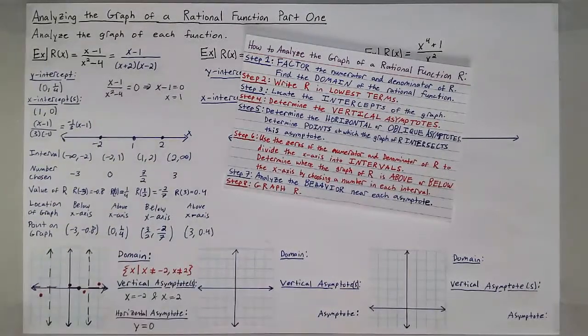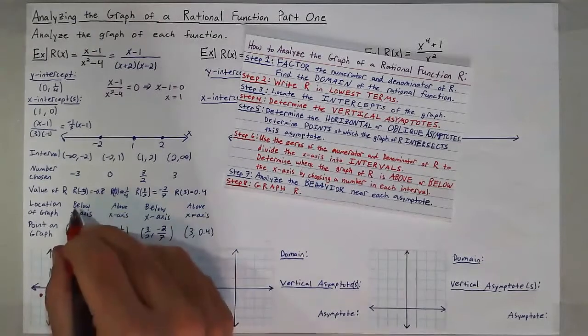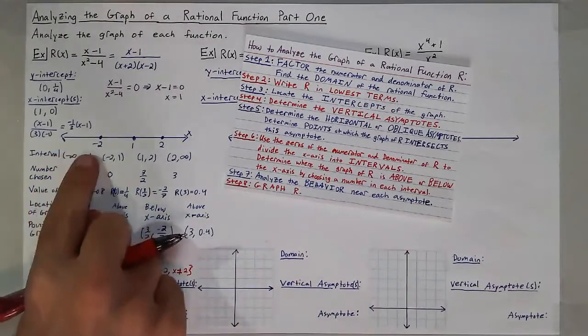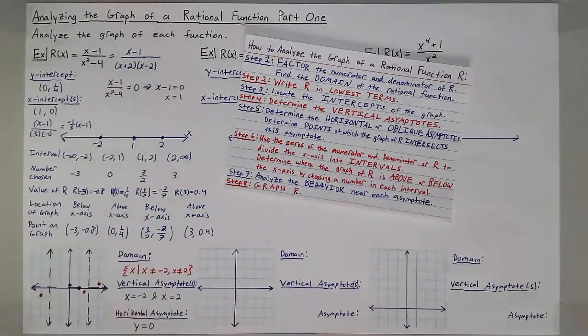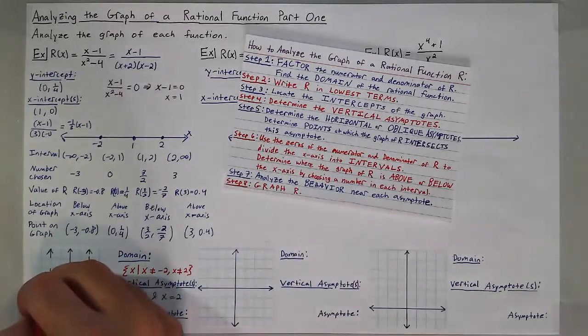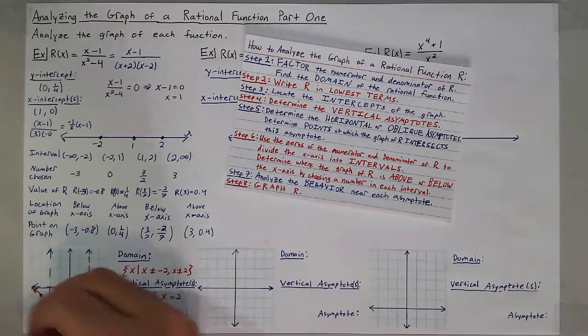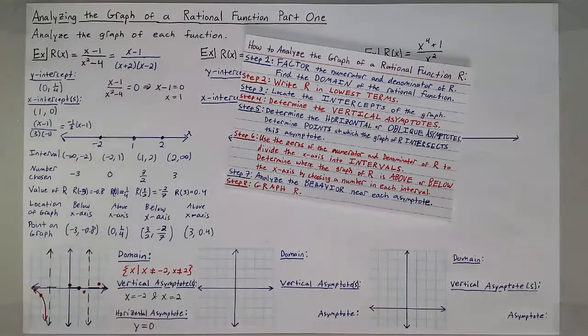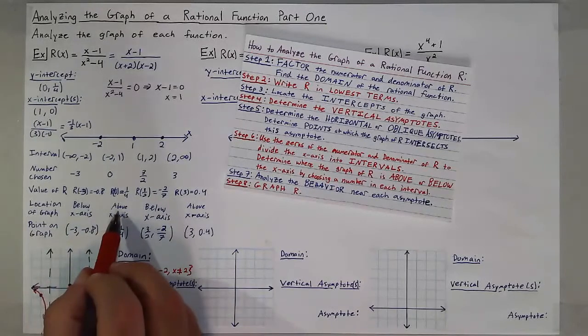Now the reason why it's important here to know if it's above or below is this section that goes from negative infinity to this green line, -2, it's always below, but it will follow these asymptotes. So the behavior near each asymptote is that it'll flatten out against this one and then flatten out against the other, remaining below the x-axis the entire time. When I go from -2 to 1, I'm always above the x-axis.